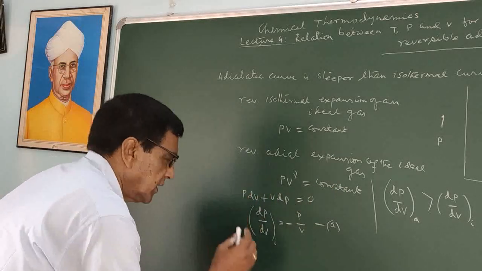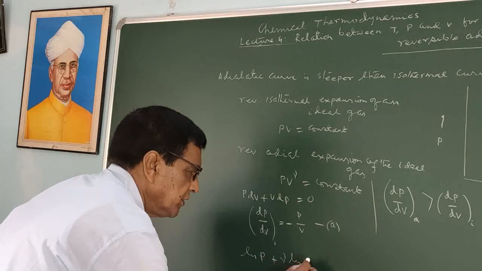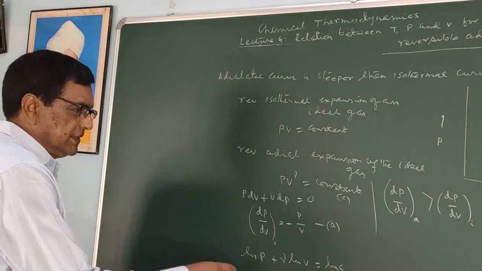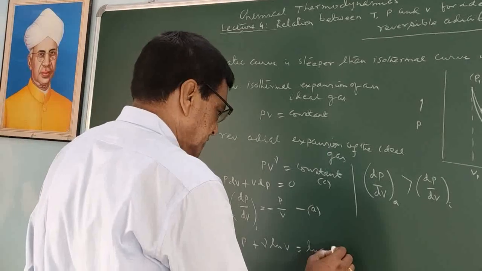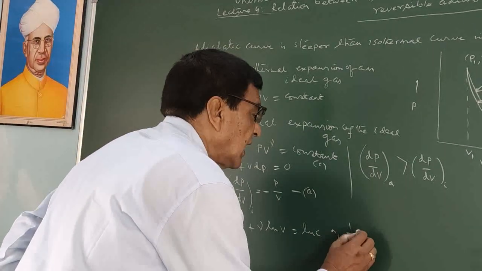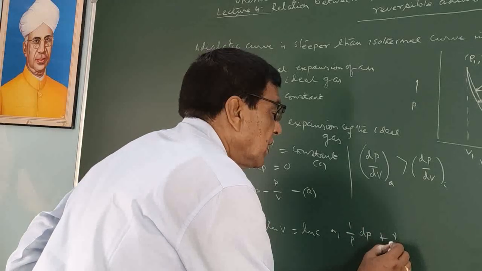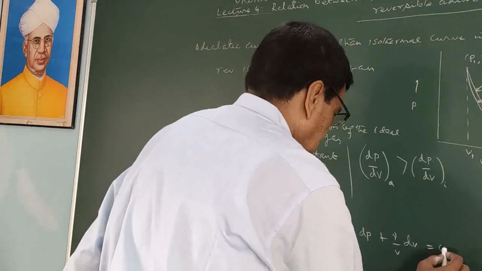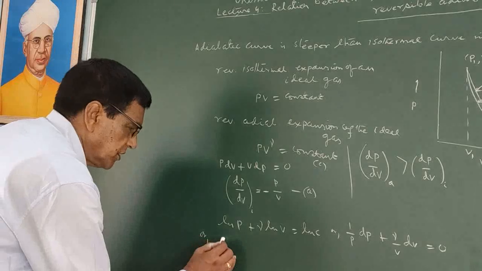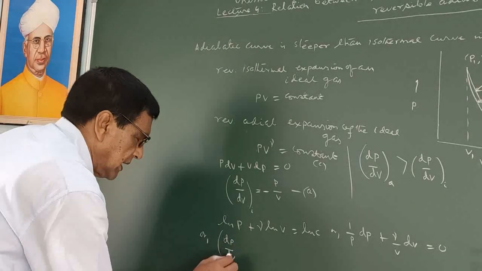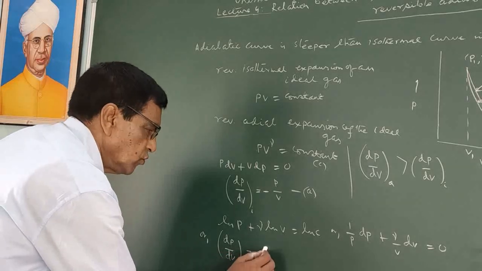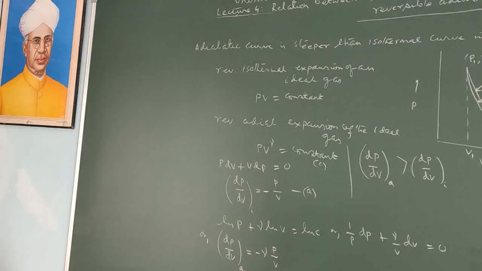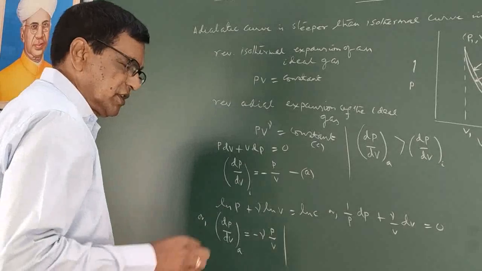So I can take the logarithm: ln P plus gamma ln V equal to ln C, where C is the constant. Then doing the differentiation, we get 1 by P dP plus gamma by V dV equal to 0, the differentiation of a constant being 0, or dP by dV in this adiabatic process is equal to minus gamma P by V.